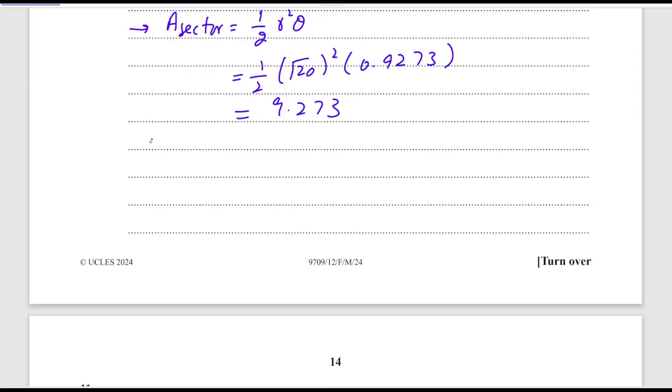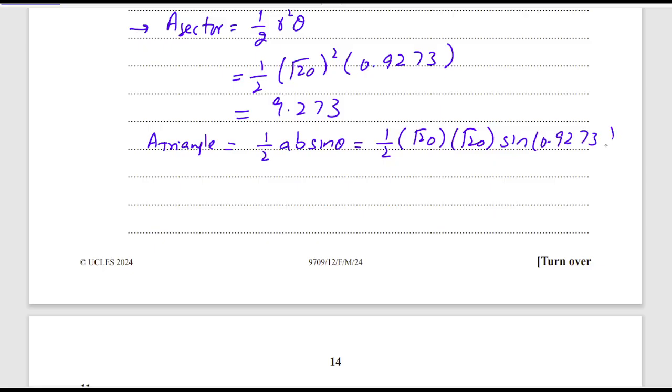And now the area of the triangle. Since it is a non-right angle triangle, its area is 1 by 2 times AB times sine of theta, which is equal to 1 by 2 times square root 20 times square root 20 times sine of 0.9273. Using a calculator, this area is 8.000.